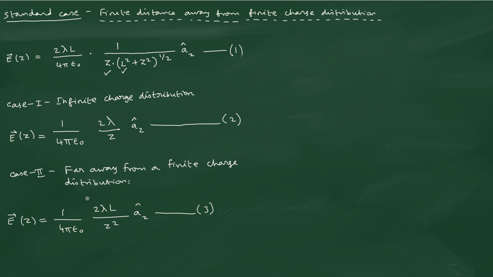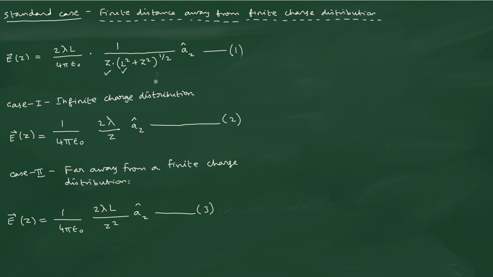And in the second case, we have a finite charge distribution, but we are standing far away from the wire. In such a situation, the electric field is inversely proportional to 1 by Z square, and 2 lambda L is the same as the total charge present in the system, which means that the finite charge distribution really looks like a point charge when it is seen from far away distances. So that's the overall conclusion that we have for the problem that we started in the last class.